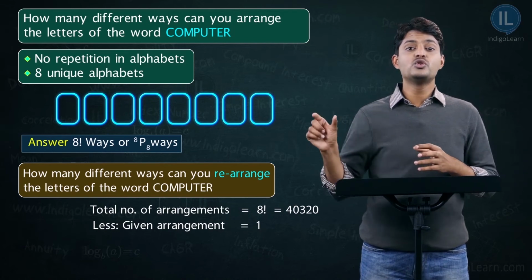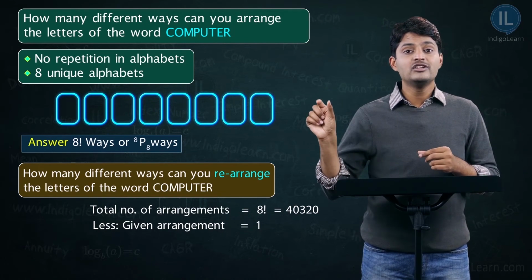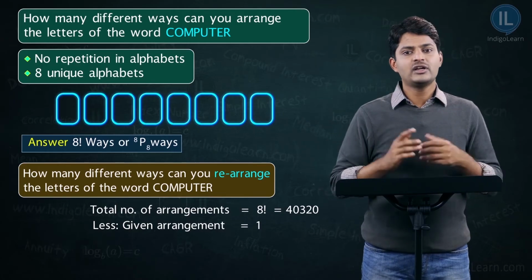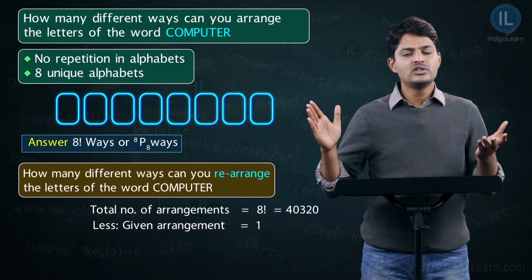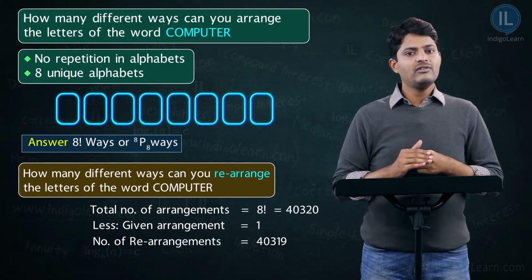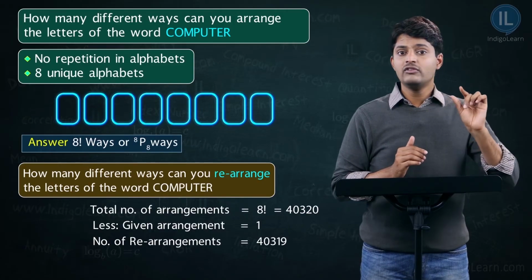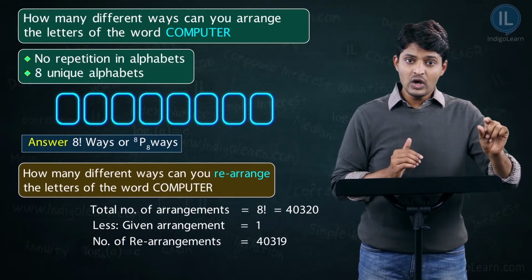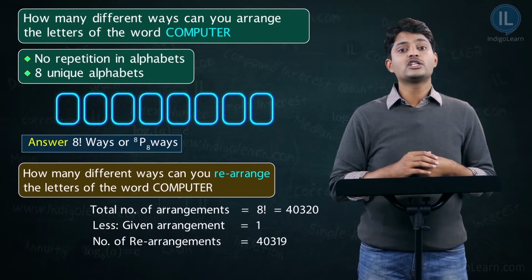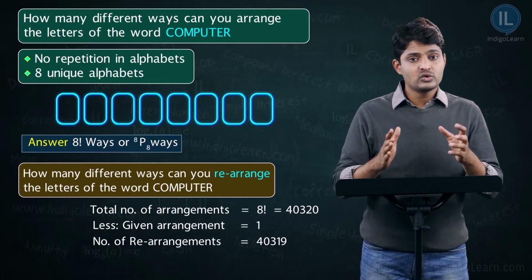That means you should not take computer, which is already an arrangement, again in your answer. So effectively it becomes 40319. So that's the basic difference, guys, and we have to be very careful whether he is using the word arrangement or whether he is using the word rearrangement when he is actually trying to ask you the question.